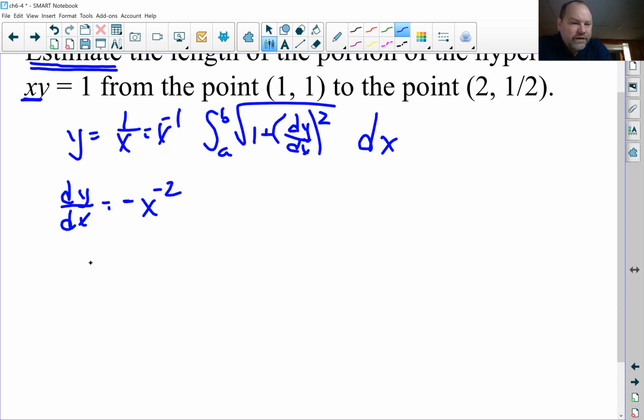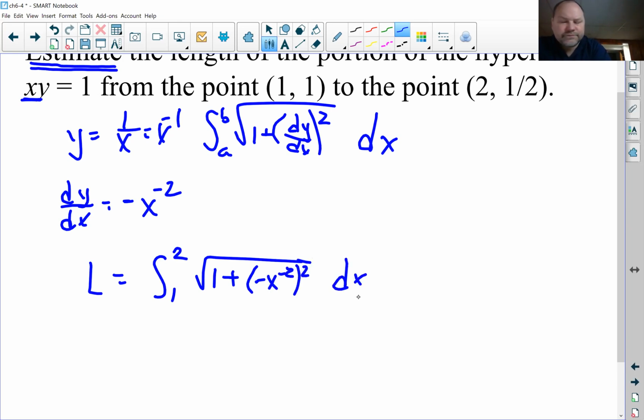So now I have my arc length is the integral. Because I'm in terms of x, I use my x coordinates. Square root of 1 plus negative x to the negative second, squared.